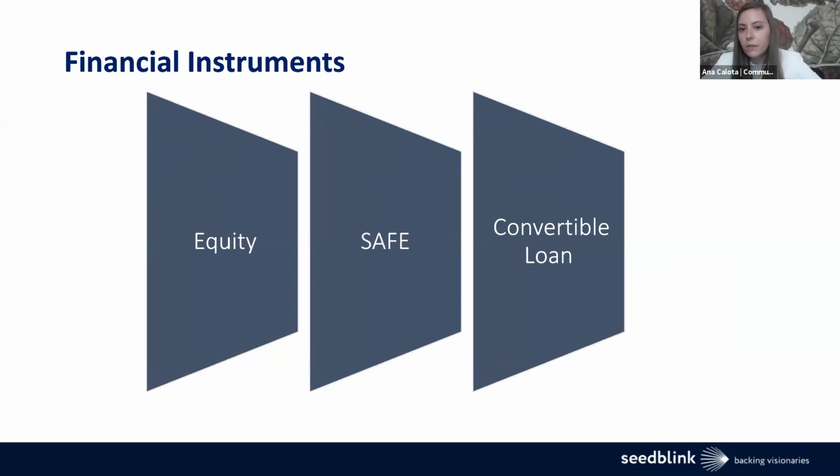It's an abbreviation of a simple agreement for future equity, and it has several favorable conditions for the investors, a discount rate or a valuation cap. It means that when the shares will be owned by the SPV, then the SPV will have several benefits. Regarding the convertible loan, this is a loan that will later be converted into shares.